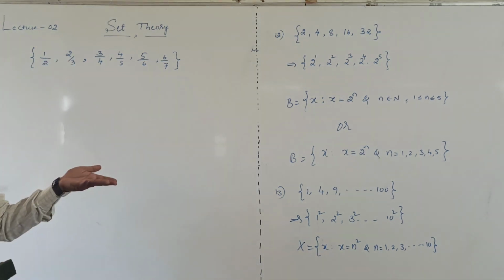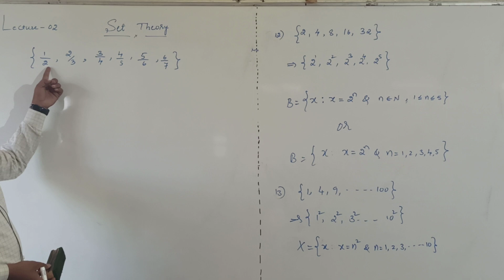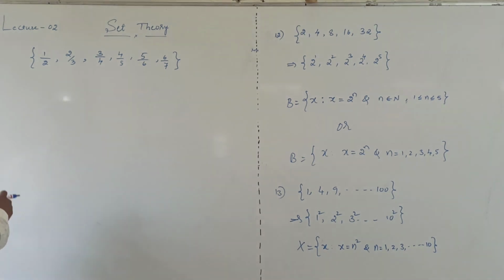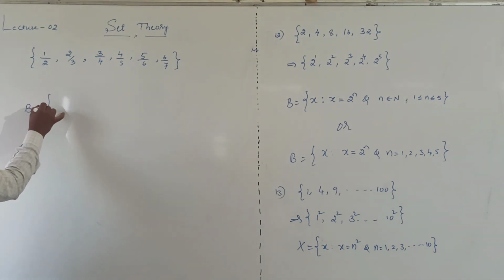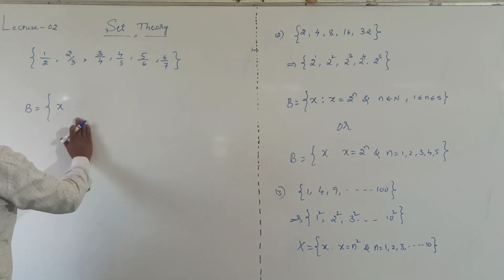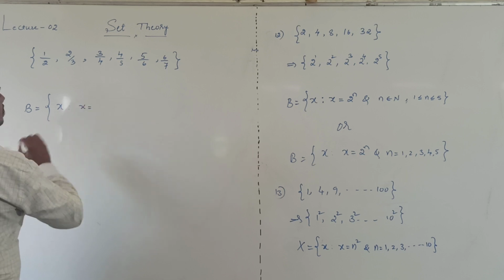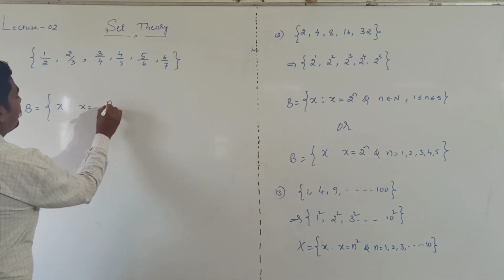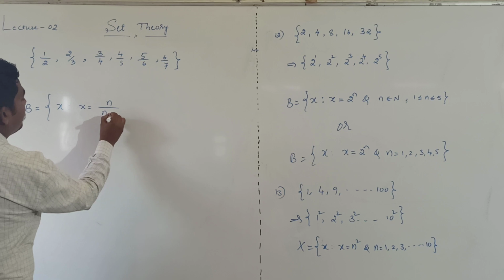In general we should write: the denominator is 1 more than the numerator, then x such that x equal to, it follows the formula n divided by n plus 1.